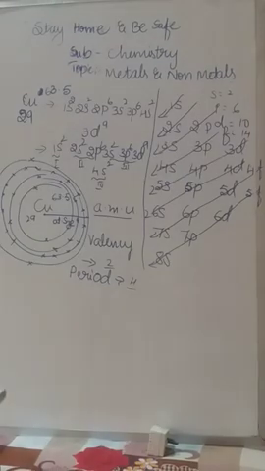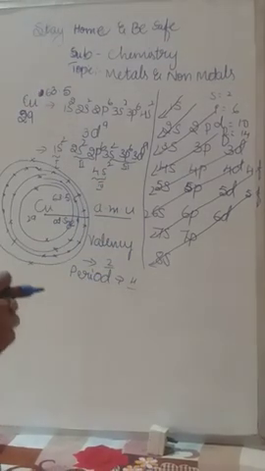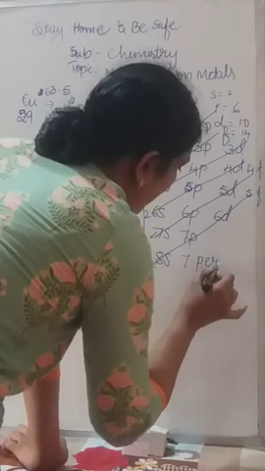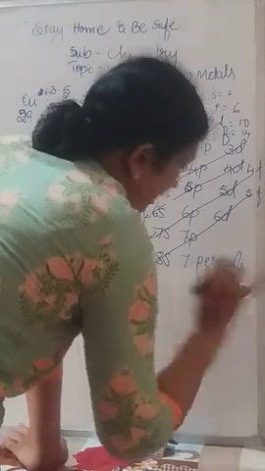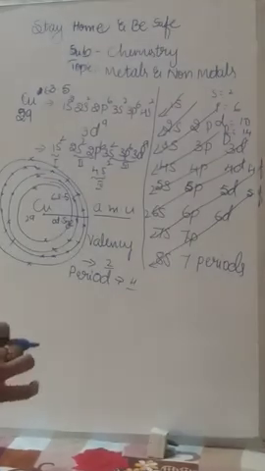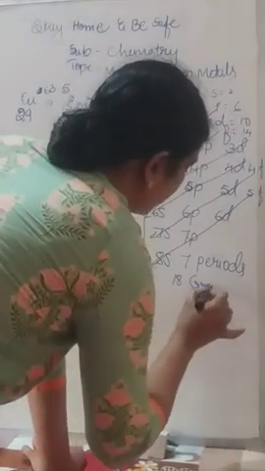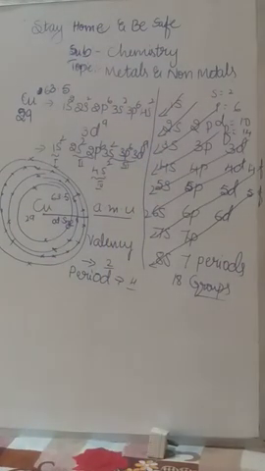Like that. So totally in a periodic table there will be 7 periods, as I told you, horizontal rows, and 18 groups. Keep in mind, in a periodic table, 7 periods and 18 groups are there.